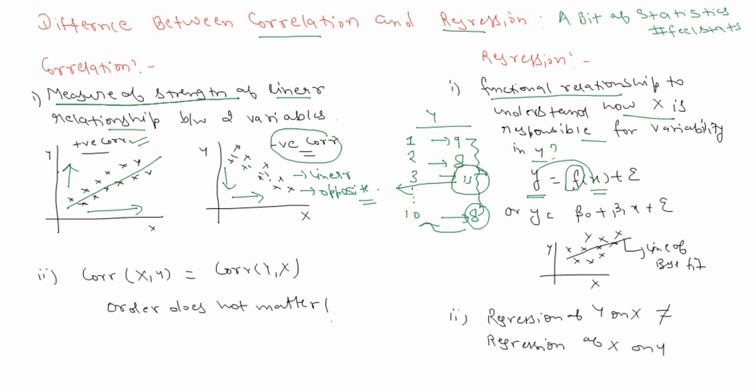We are trying to understand why y is varying due to a set of independent variables or a single independent variable. When we consider a single independent variable, it is known as simple linear regression model. Simple stands for just one independent variable. If we have more than one independent variable, then it is known as MLRM, multiple linear regression model.